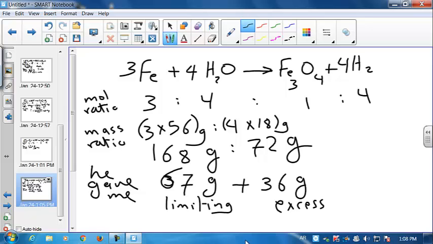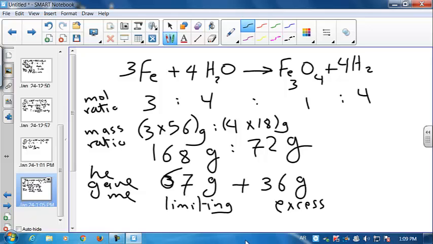After I figure out what is the limiting and what is the excess, I will build on the limiting. So I will consider that I have only 67 grams of iron.